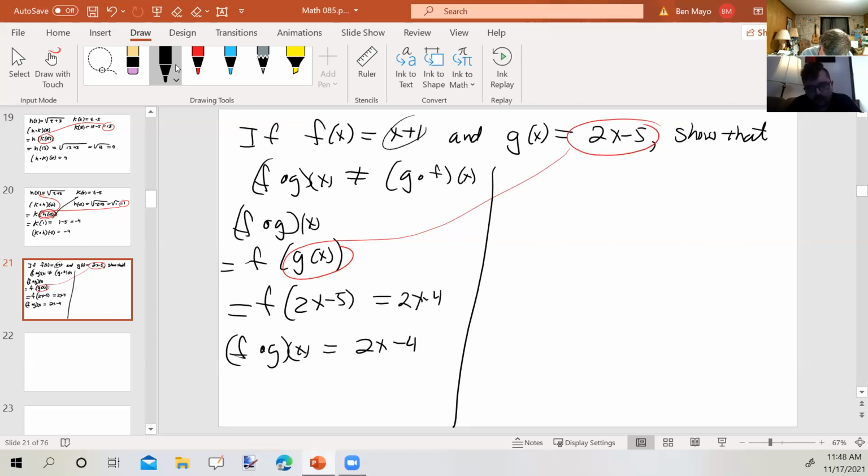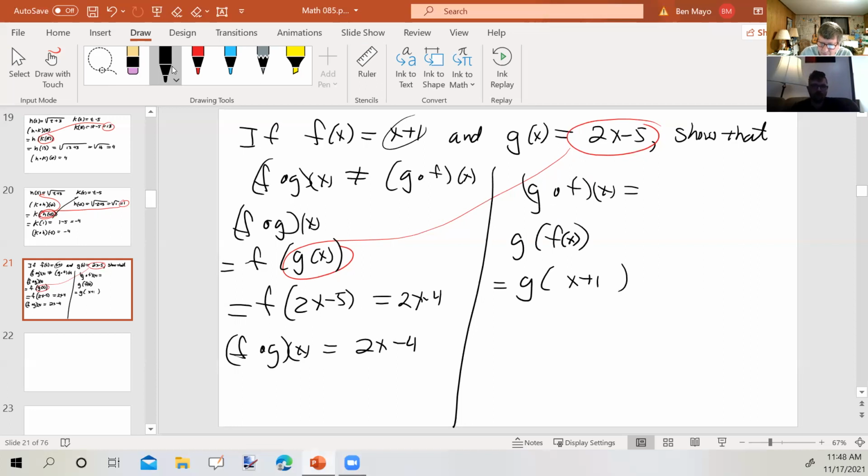So now we're going to find g composed with f of x. And that is g of f of x, which is g of x plus 1, right?